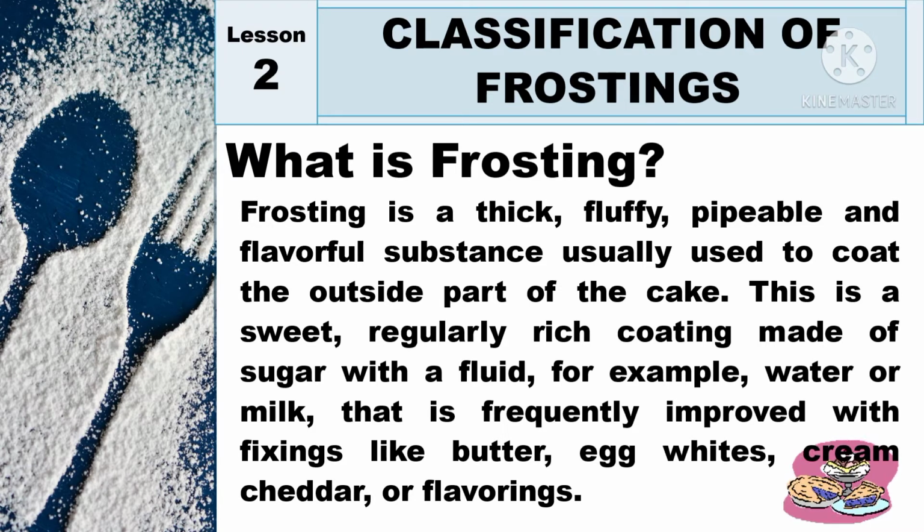This is a sweet, regularly rich coating made of sugar with a fluid, for example, water or milk, that is frequently improved with ingredients like butter, egg whites, cream cheese, or flavorings.